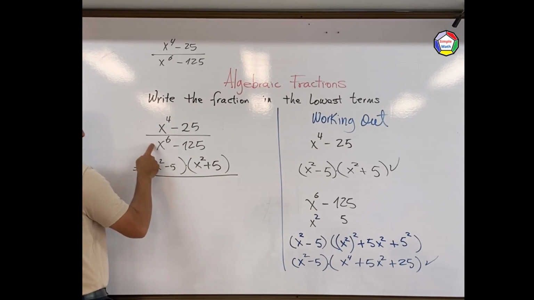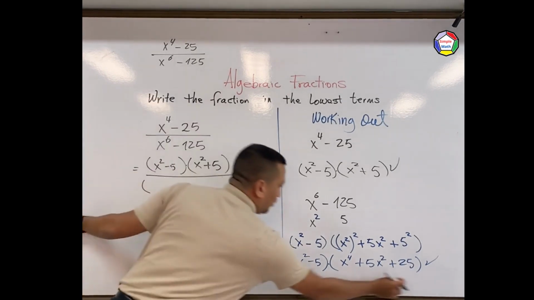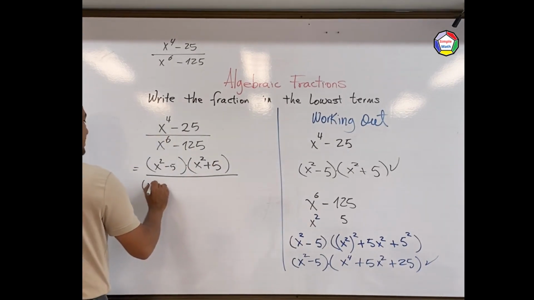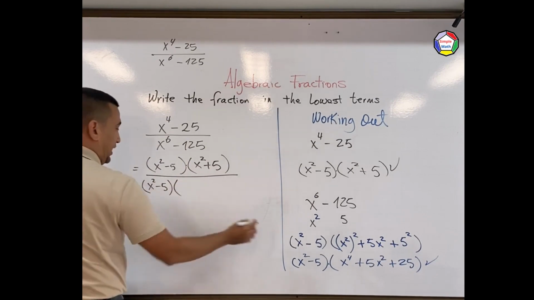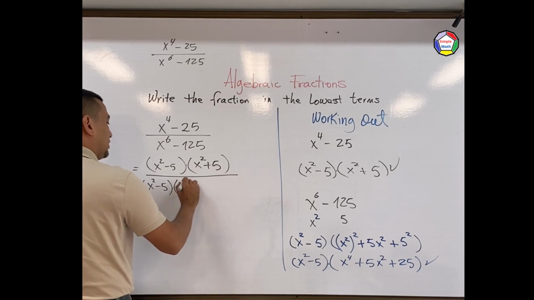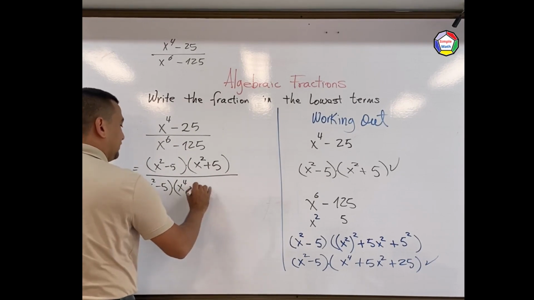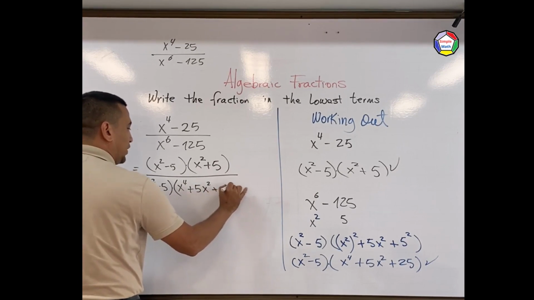The answer of this difference of cubes is this, so I'm going to rewrite it here. x exponent 2 minus 5 times, remember that's the main operation, x to the power of 4 plus 5x squared plus 25.